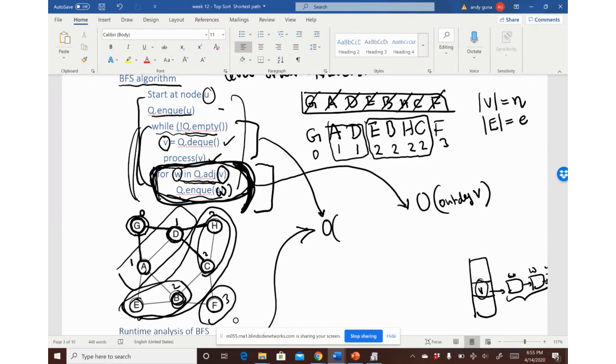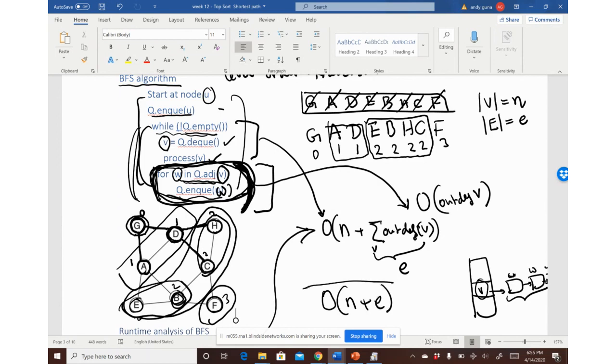So they will run the sum of the out degrees of V, where the V's are all the nodes. But really, the total out degree of V is E. So if you say the answer is n plus E, you're correct.